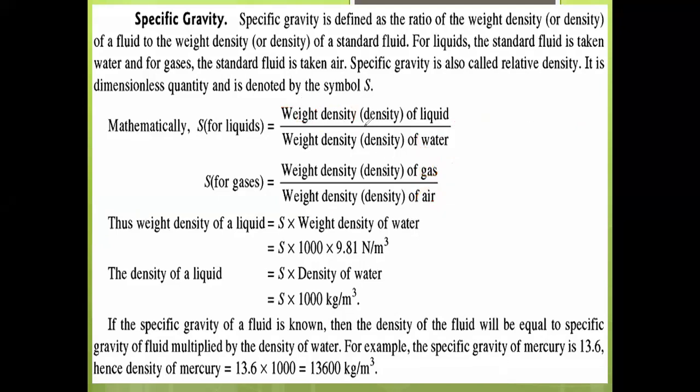So the question might have come to your mind: how is this true for the mass density also? Before that, let me revise this expression. Specific gravity is generally denoted by the letter S. Specific gravity is equal to the weight density of the liquid divided by the weight density of water.